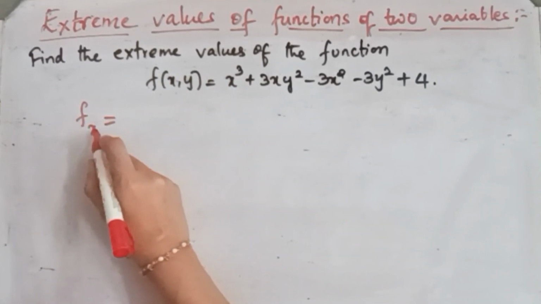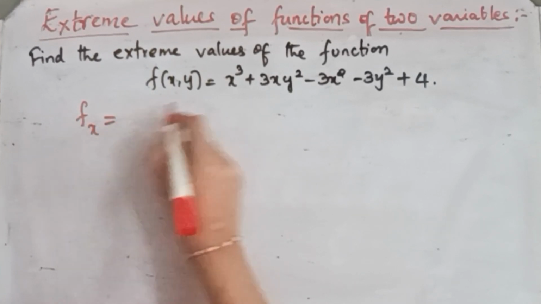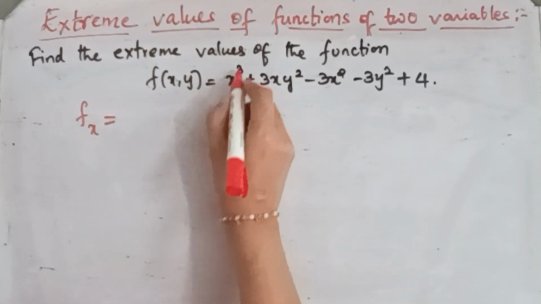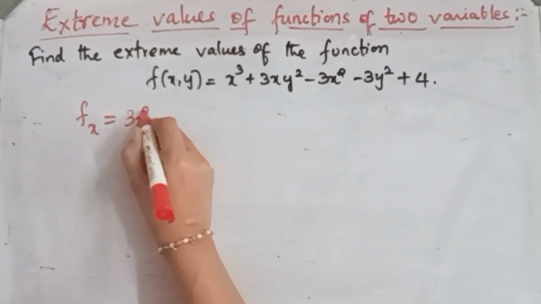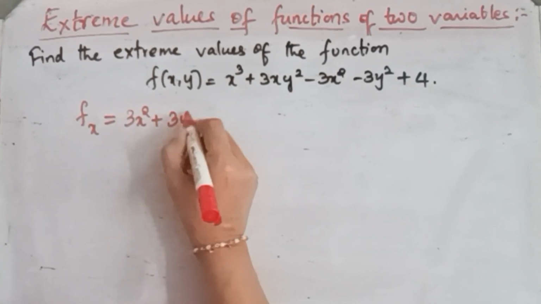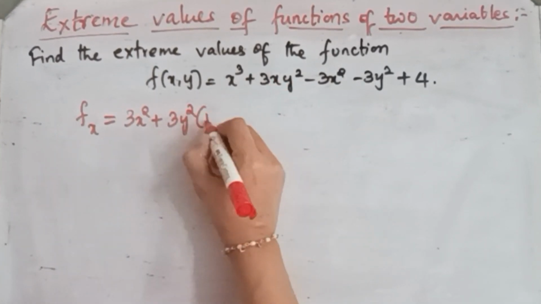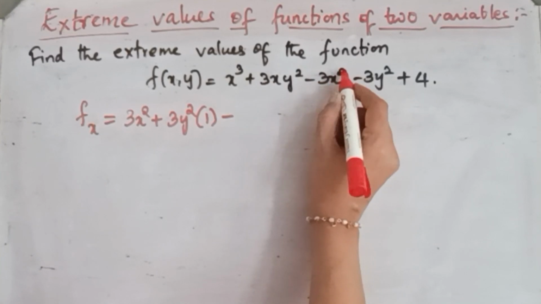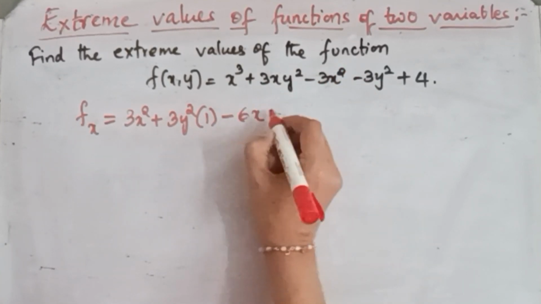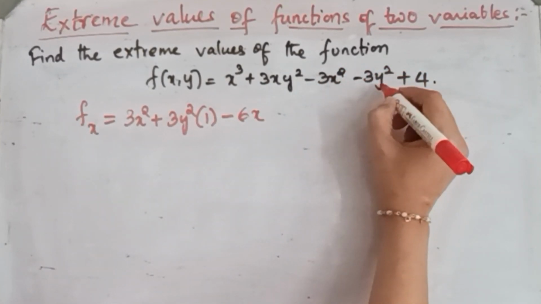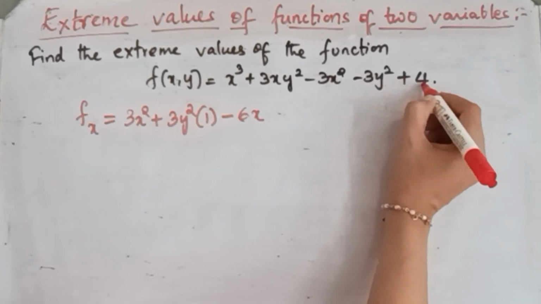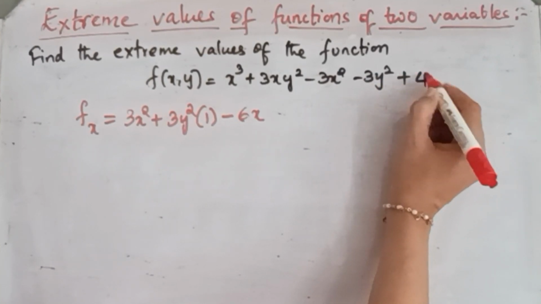While differentiating partially with respect to x, keep y constant. So the derivative of x cube is 3x square, plus 3y square is constant. The derivative of x is 1, minus the derivative of 3x square is 6x. 3y square is anyway constant, so the derivative is 0, plus 4 is a constant, its derivative is 0.